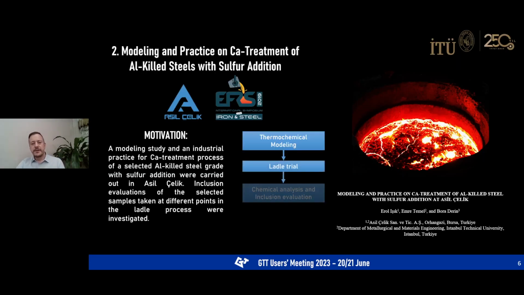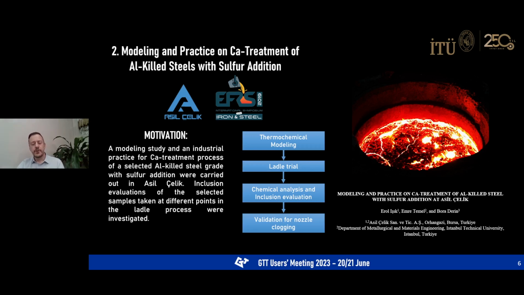Another study was done in collaboration with Asil Çelik, one of the alloyed steel producers in Turkey. In the present study, we aim to minimize the nozzle clogging while controlling the inclusion morphology by calcium treatment. We carried out a modeling study and industrial practice for the calcium treatment process of a selected aluminum killed steel grade with a sulfur addition.